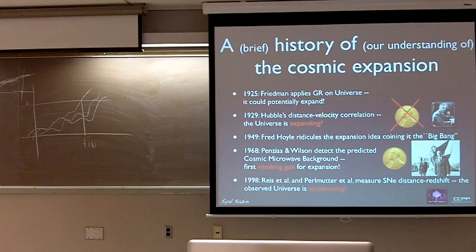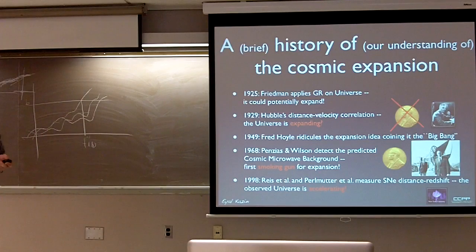In order to convince the community, you need to confirm a prediction, and that's what happened in 1968 here in Holmdel, New Jersey, where it had been predicted that we should measure uniform radiation around us, and Penzias and Wilson measured just that. And then you can ask the question, okay, the universe is expanding, but at what rate?